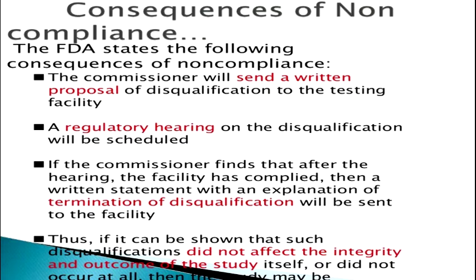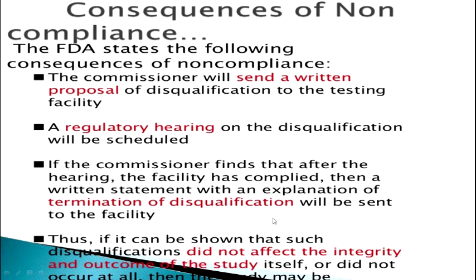And if it is in failure, one of the procedures the FDA will follow is that it will give you a written statement telling that your process is disqualified, and there will be a regulatory hearing on what you have to do with respect to disqualification. Sometimes they will put a fine amount on the lab, or sometimes action is taken with respect to the people who are involved.